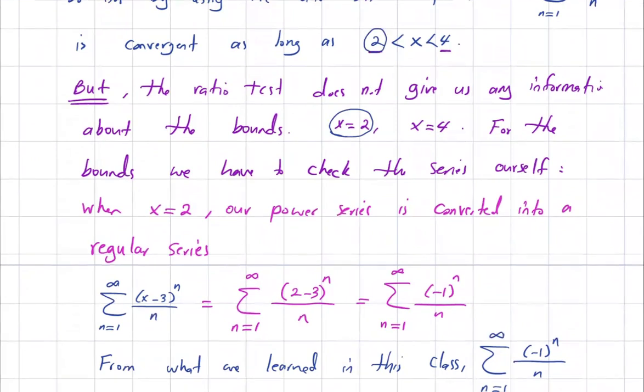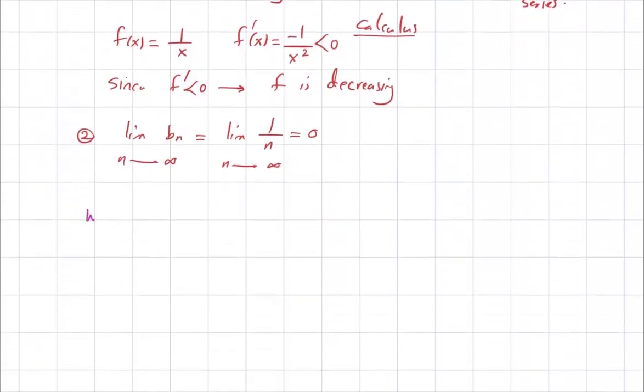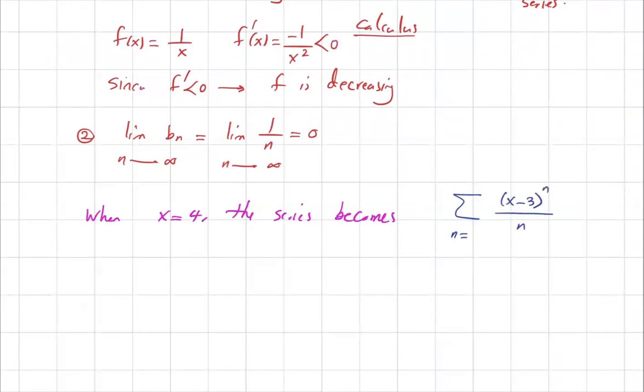When x is equal to 4, the series becomes, so remember you have a series which is x minus 3 to power n divided by n, and starts from 1, goes to infinity.